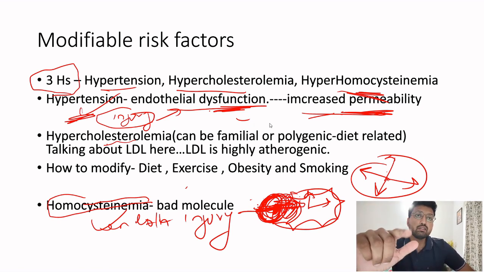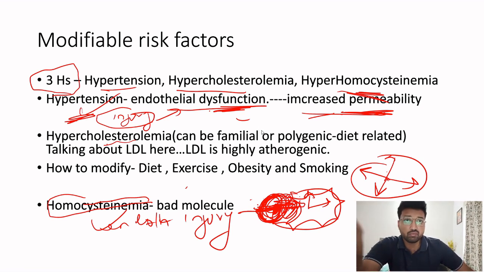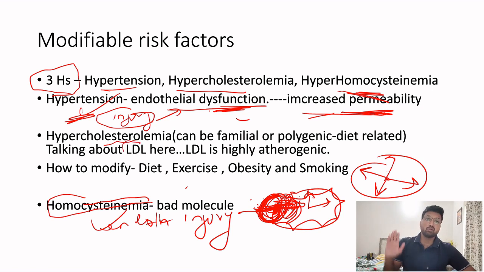When we talk about lipoprotein, we mean LDL, VLDL, HDL. Which lipoprotein has the maximum amount of cholesterol? It is the LDL. When we say hypercholesterolemia, increased cholesterol, we are talking about increased LDL, because LDL carries cholesterol. So hypercholesterolemia means increased LDL, and this LDL is highly atherogenic.